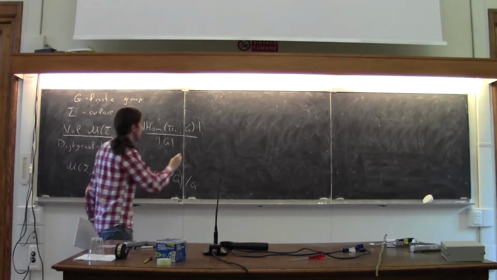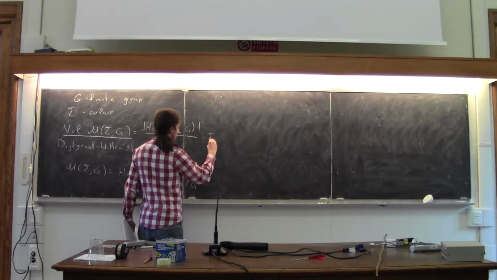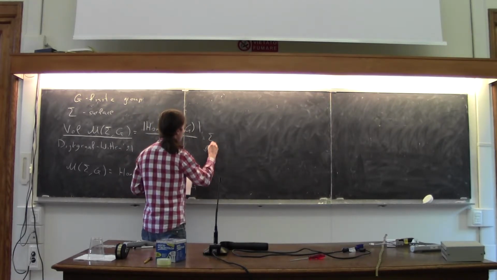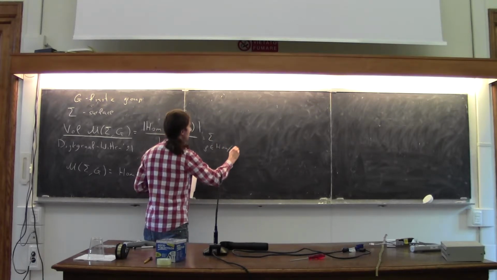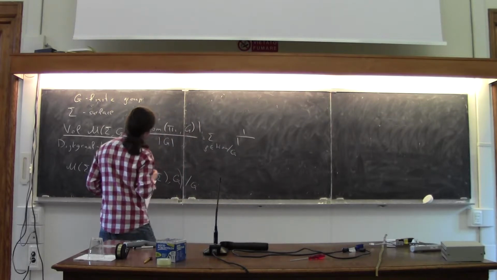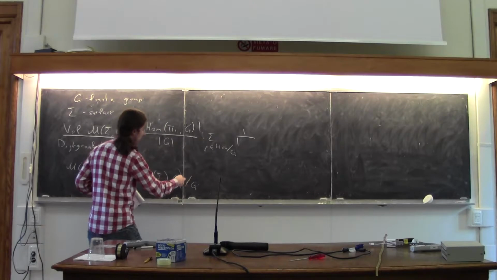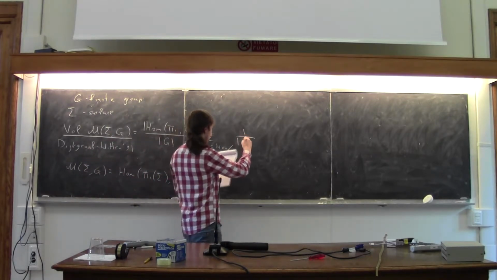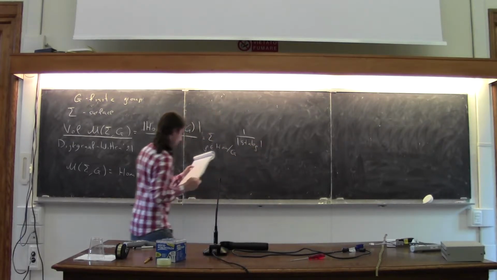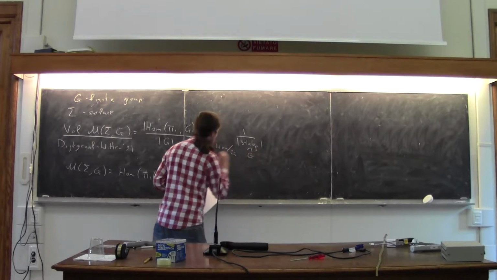So this can be seen as a sum over points of this set, which I call rho in G, where I weight every point with 1 over the size of the stabilizer of this section. So this is the stabilizer subgroup in G.